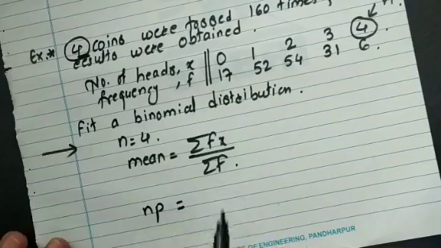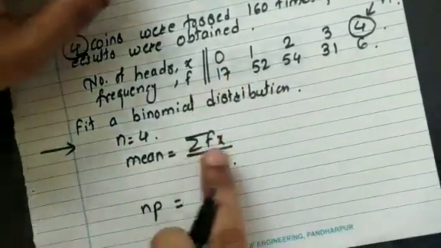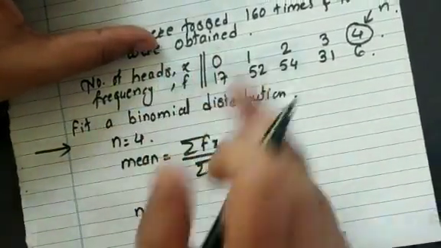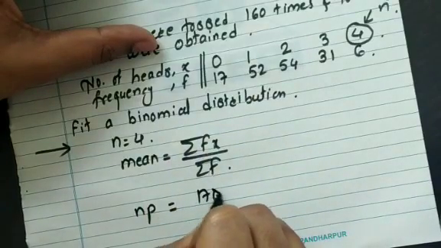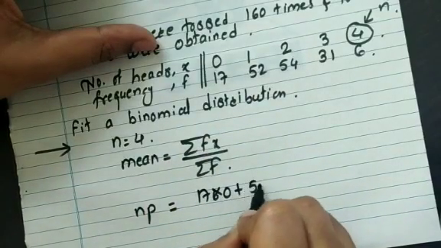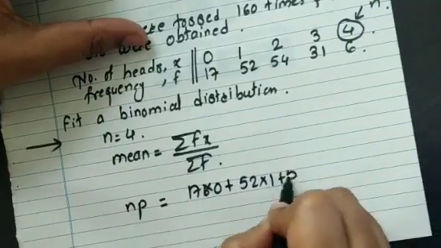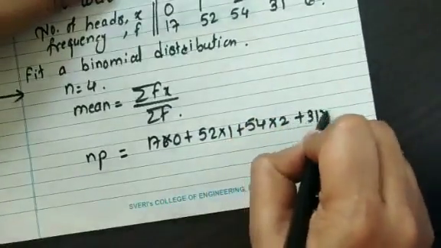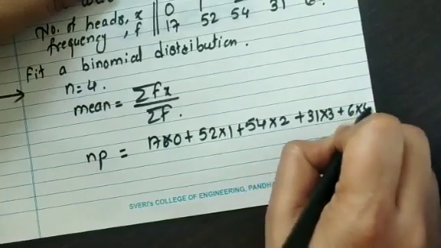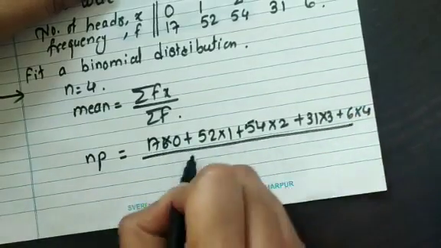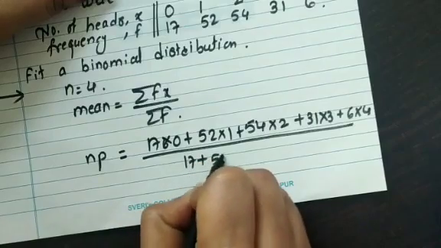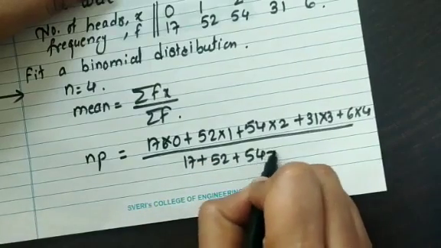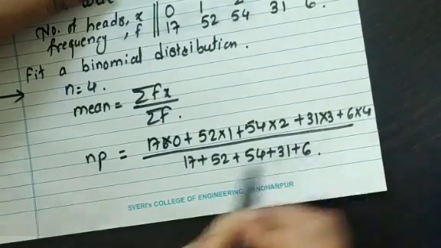So np is equal to summation f into x, that is 17 into 0 plus 52 into 1 plus 54 into 2 plus 31 into 3 plus 6 into 4, upon summation f, that is 17 plus 52 plus 54, 31 and 6.